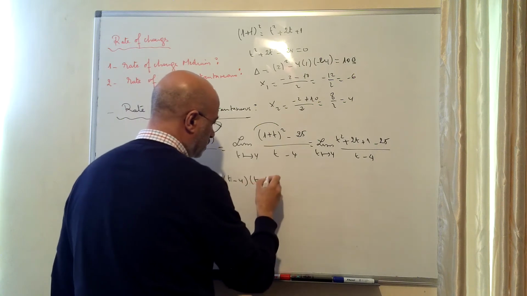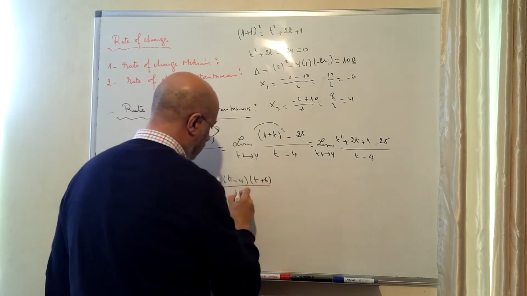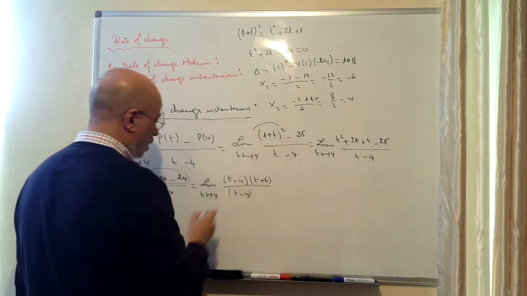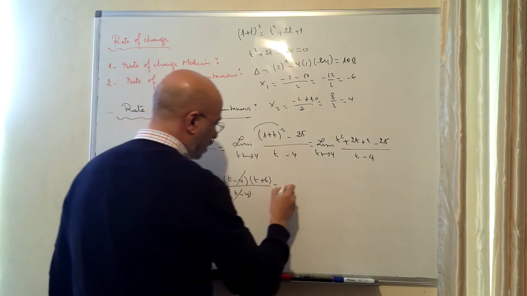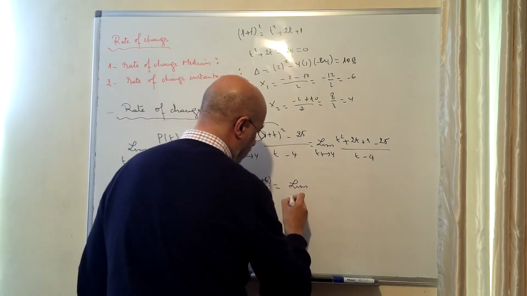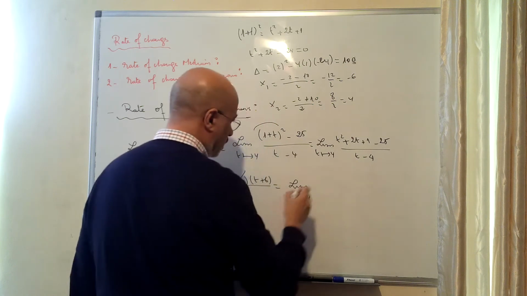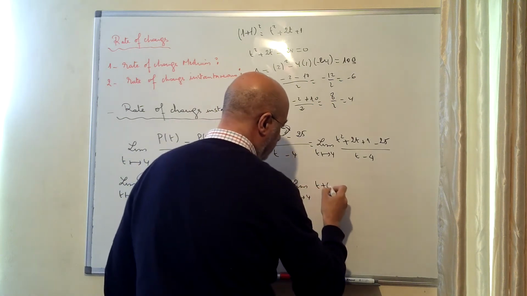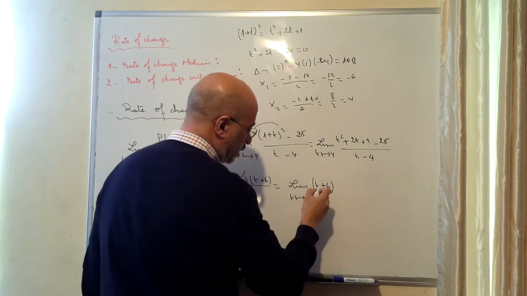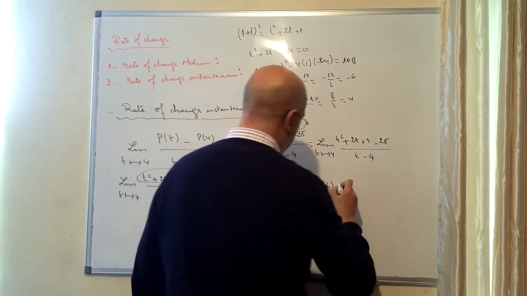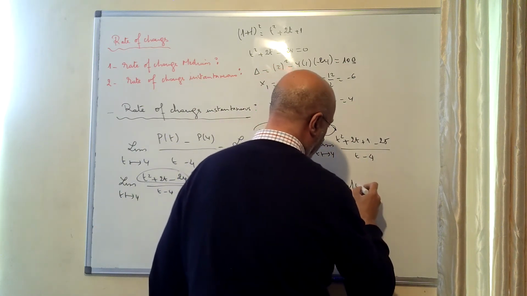Simplify, and here is our equation now: the limit as t tends to 4 of t plus 6. Here we have the result, it's 10.